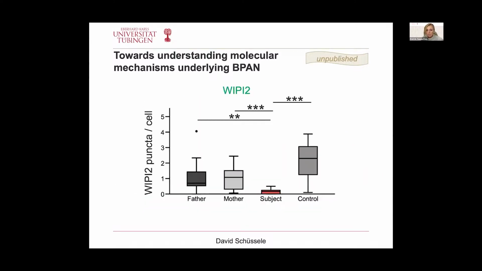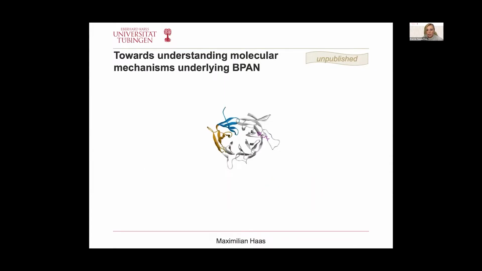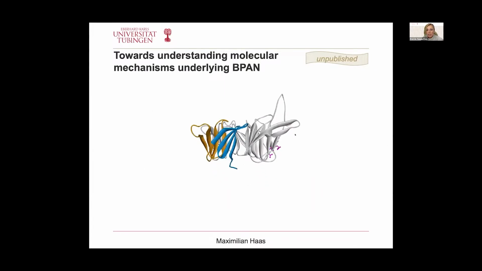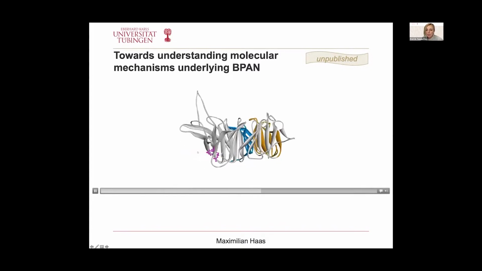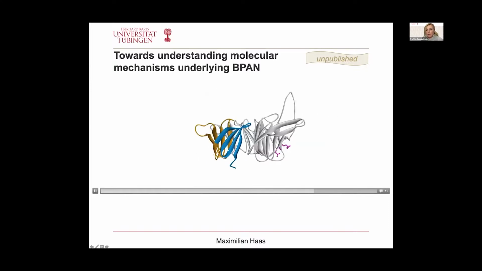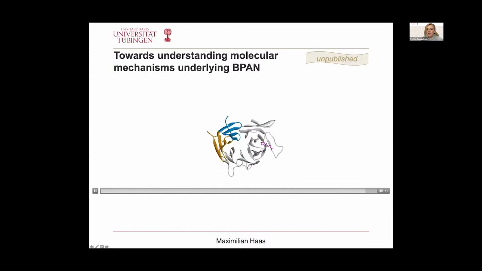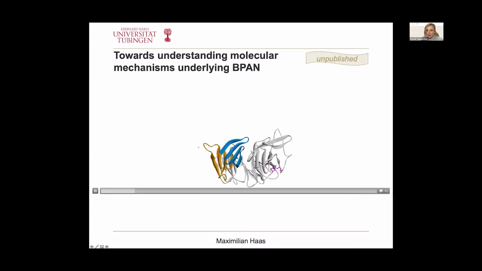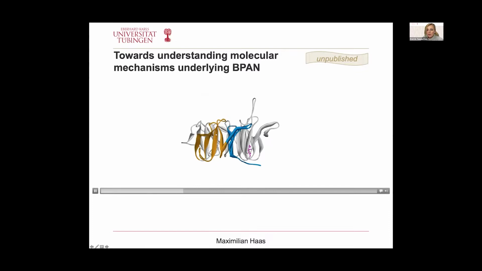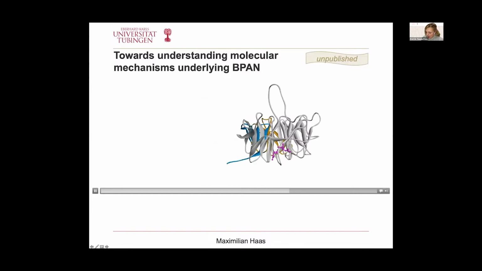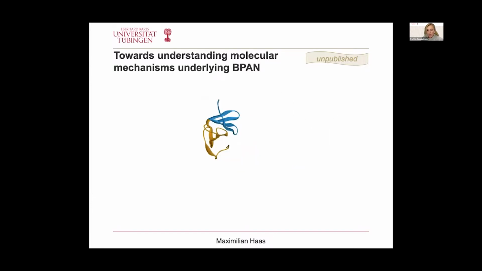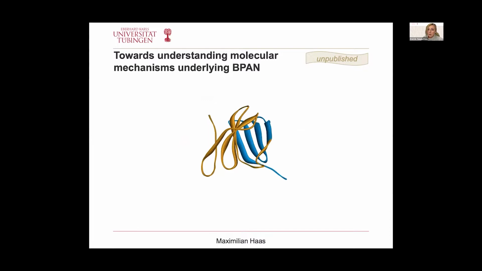So we were interested by homology modeling in how this may look. This is the wild type propeller of WIPI4, and depicted in pink, the PI3P binding site. In blue, this is the unit that is still present in the mutant. And after this, this darker brownish part, it would stop. When we just look at this part, you see that in the patient, no propeller would form, at least in those cells that express the mutant.